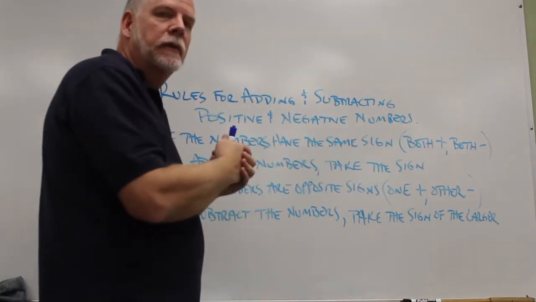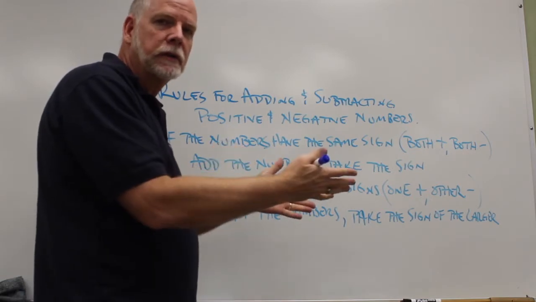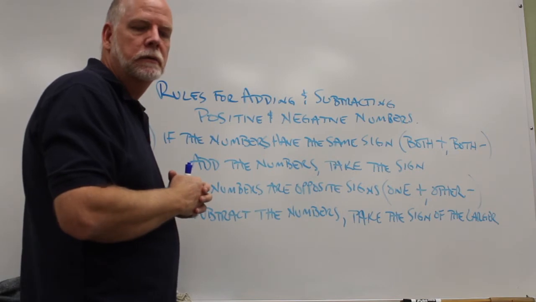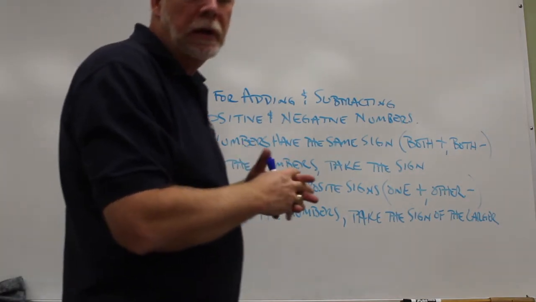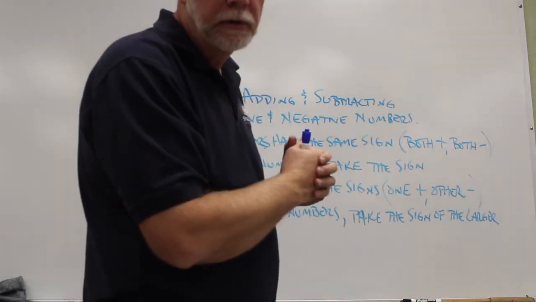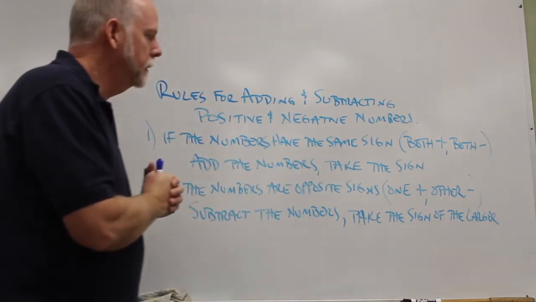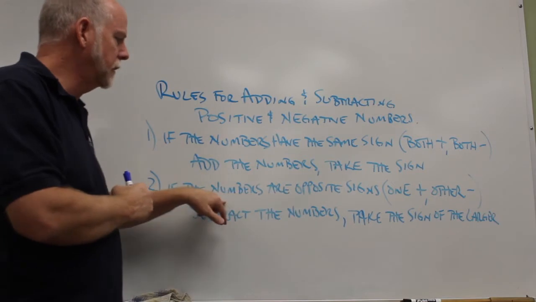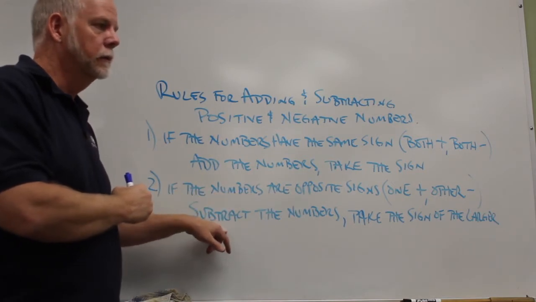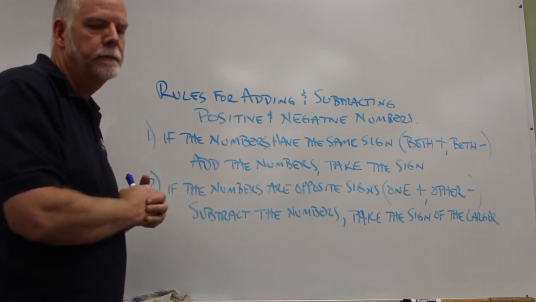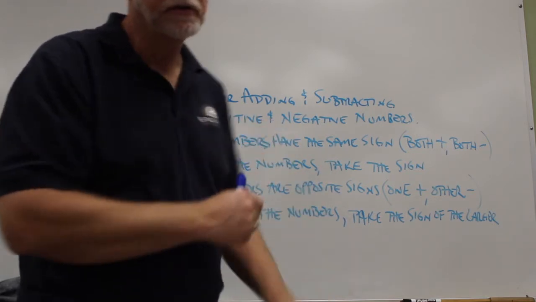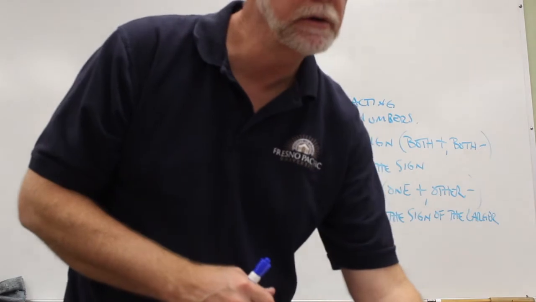Add up all the positive numbers in that list and make those positive, to where now we only have two numbers and we follow these rules then. Okay? So that's the easiest way to deal with a whole list of numbers. And this kind of takes away the concept of subtraction, other than the fact that we are going to take the smaller from the larger here. Okay? So, here are the general rules of adding and subtracting positive and negative numbers.